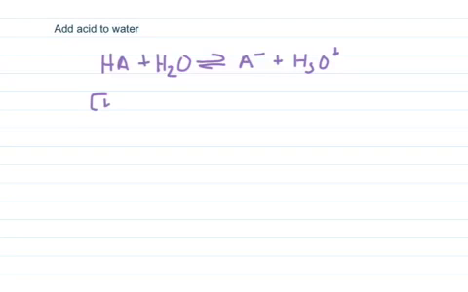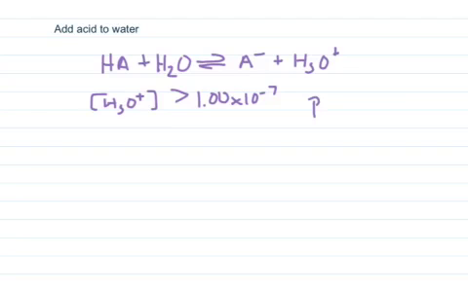So when we add acid to water, for example, we have HA, which refers to acid. Water forms A- plus hydronium. We find out that hydronium is greater than 1.00 times 10 to the minus 7th.